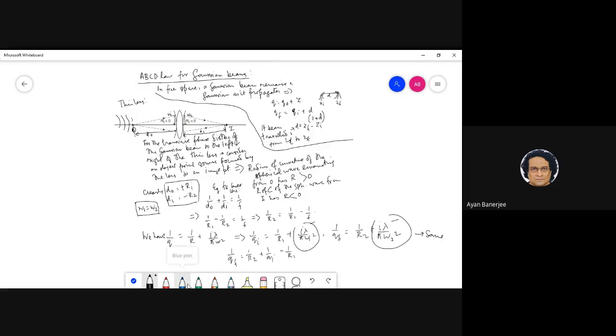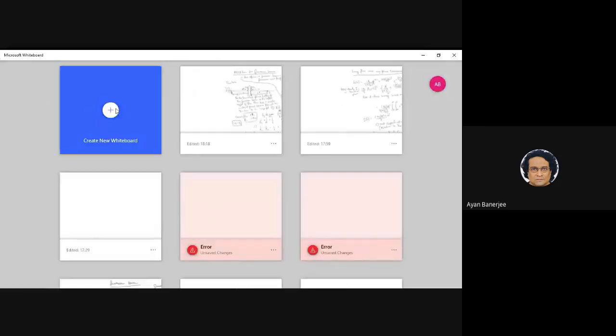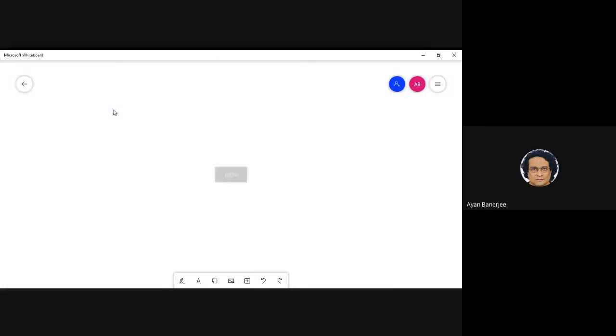I'm just substituting here: instead of this one I'm taking this, and in place of this I'm writing this. Is this clear? Okay, fine. Shall we go to a new slide? Let us go to a new slide.